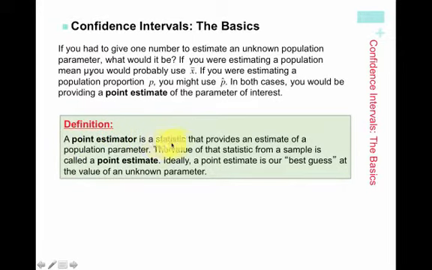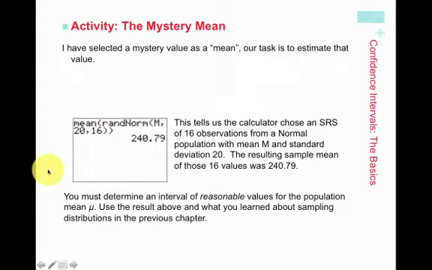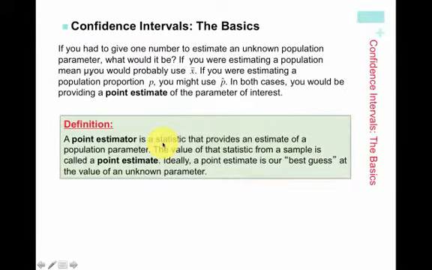That point estimator is a statistic that provides an estimate of the population parameter. The value of that statistic from a sample is called the point estimate. In the previous example, our point estimate is 240.79. Ideally, a point estimate is our best guess at the value of an unknown parameter.